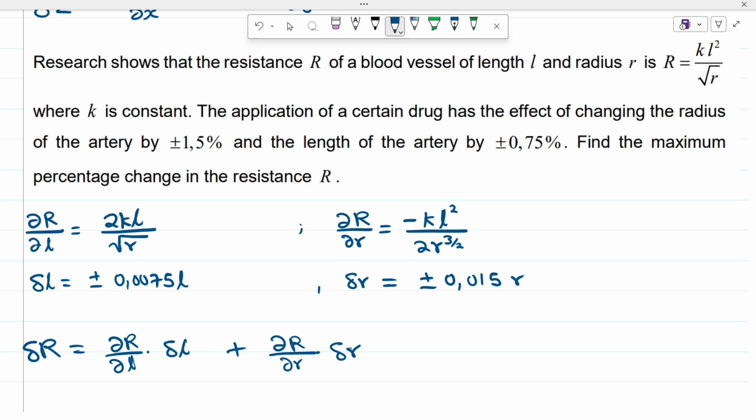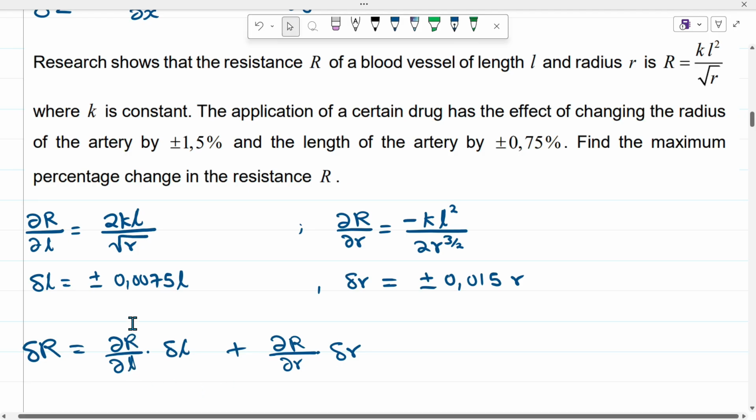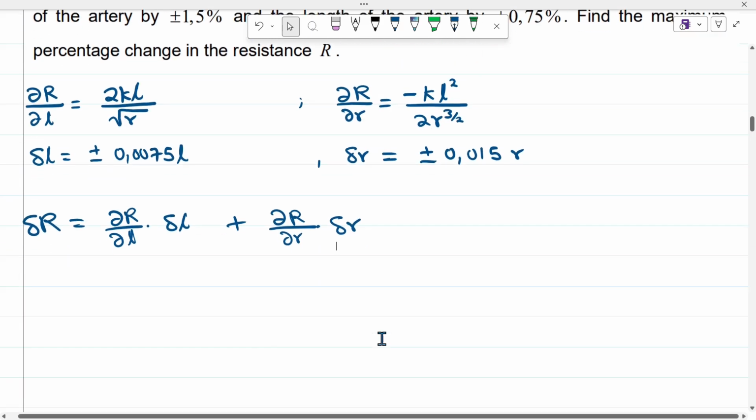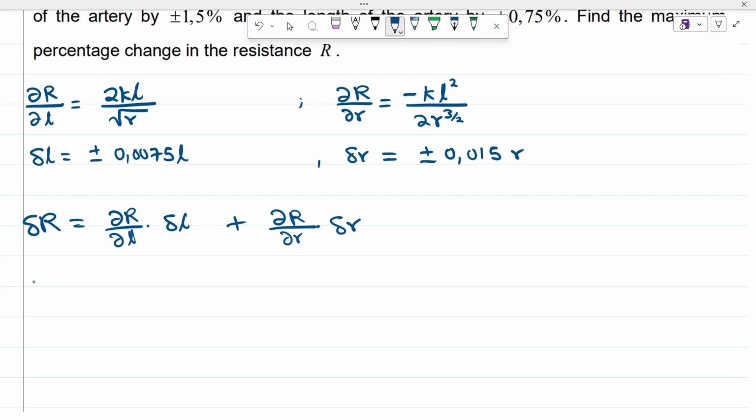Then from here, we're just going to substitute our percentage changes, which we've already calculated, and manipulate these signs to make this equation positive. So yeah, now let's start.